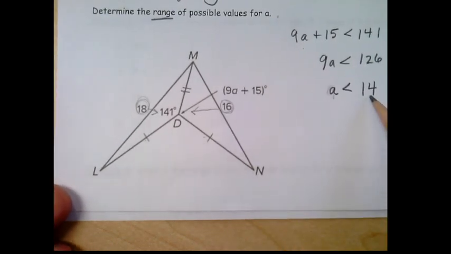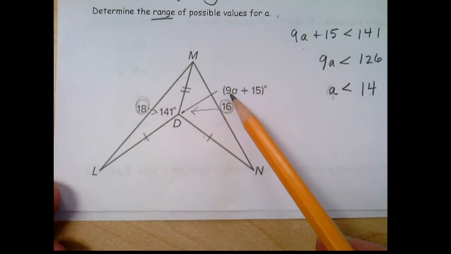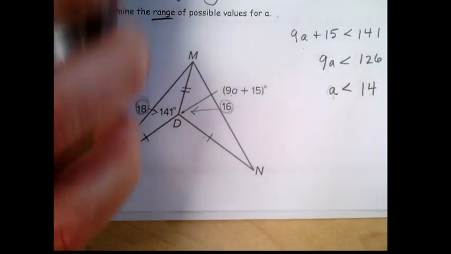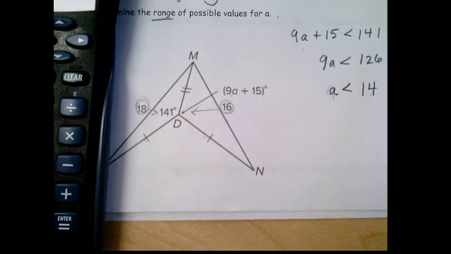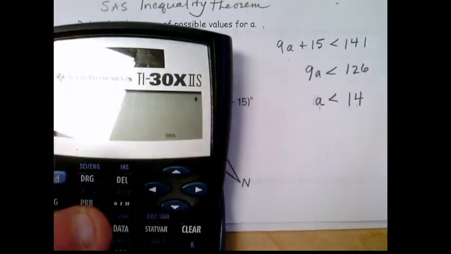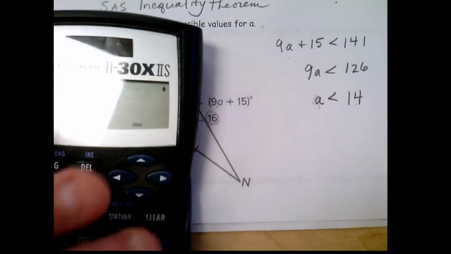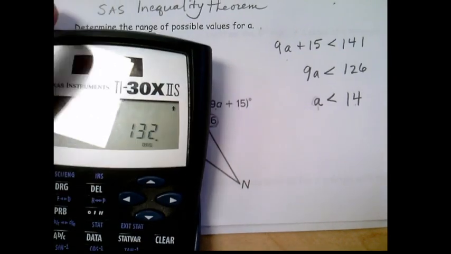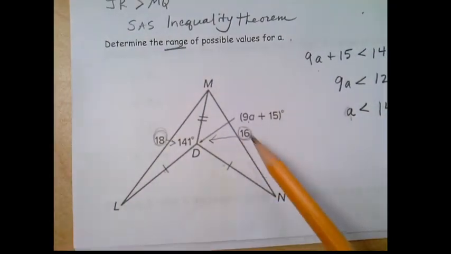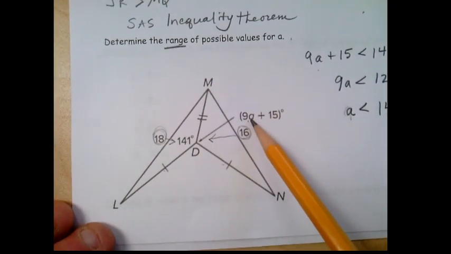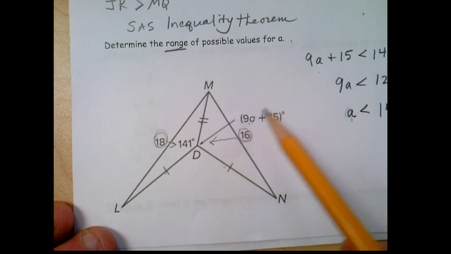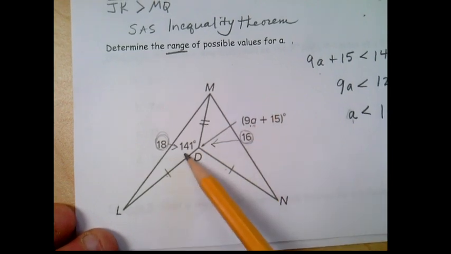So for example, if I was to plug in a 13 right there, 9 times 13 is 117, I believe. Let's try that. 9 times 13 plus 15. So we got 132. If you notice here, if I plug 13 into this right here, it meets that requirement.